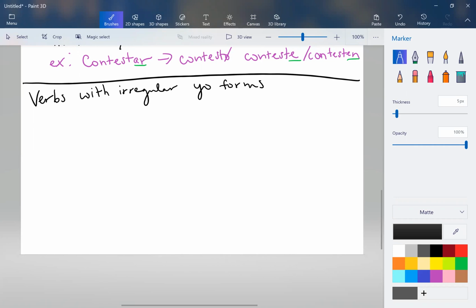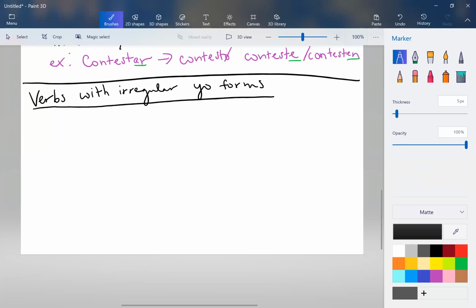And I don't know for sure how many of you know all of your irregular yo forms, but in my other class, out of 20 kids, one of them knew most of them. So I would assume it's about the same. So we're just gonna go over them.